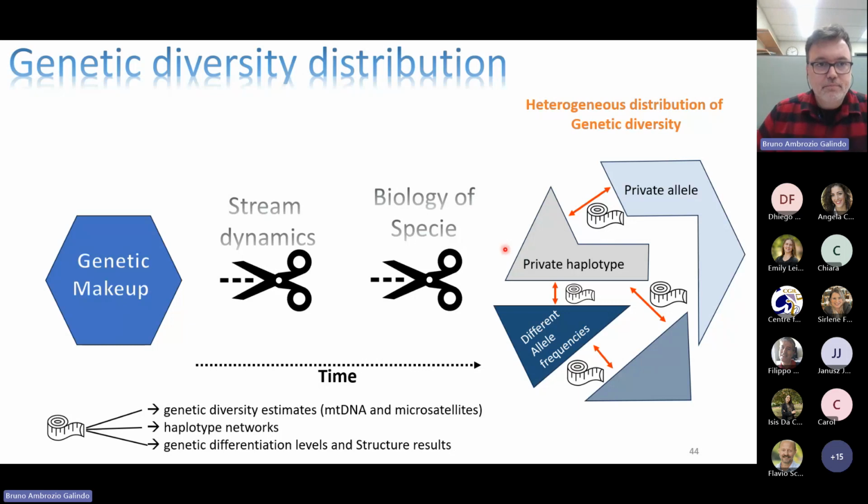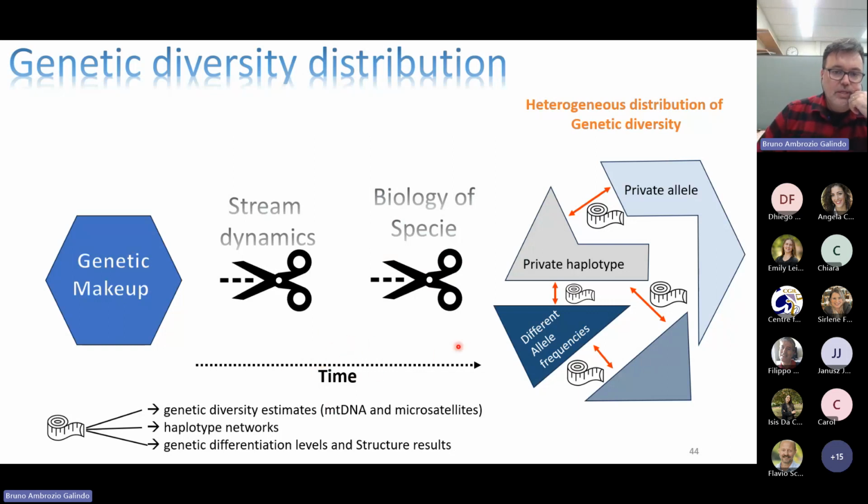So I'm almost reaching the end. What I would like to show with this last case is that we have a genetic makeup in a river or in a basin or in an environment, and we have stream dynamics and aspects of the biology of the species acting over this genetic makeup over time.